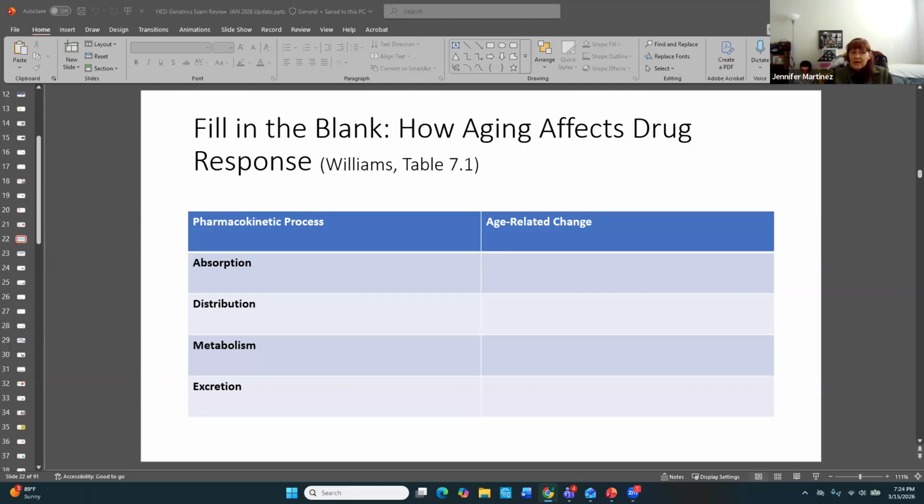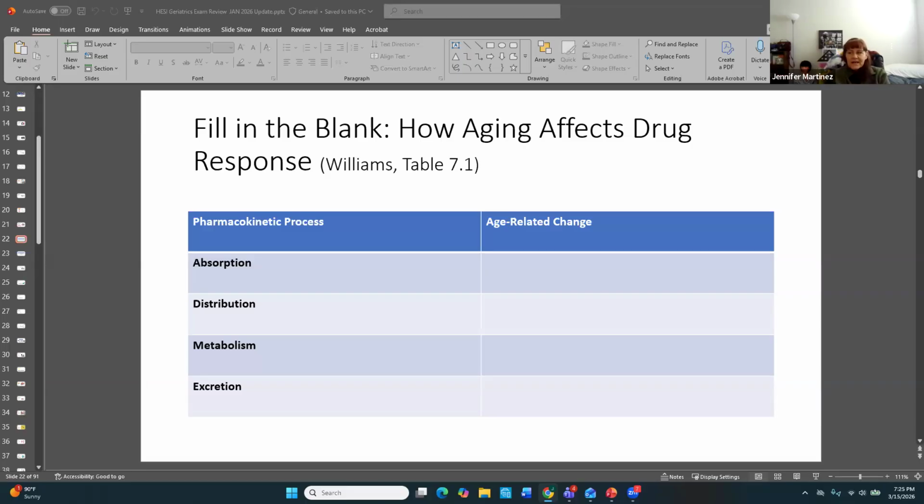But generally speaking, in our older adults, liver function tends to be decreased, and so does blood flow. So there's a reduced first pass effect in our older adults, which can lead to an increase in the available medications.